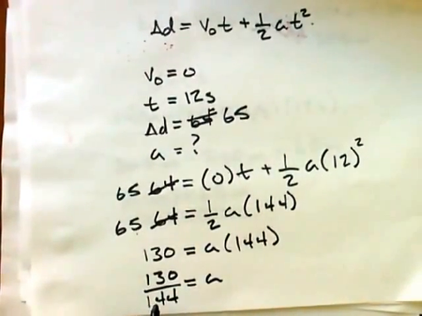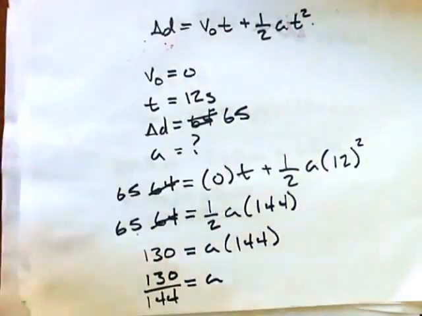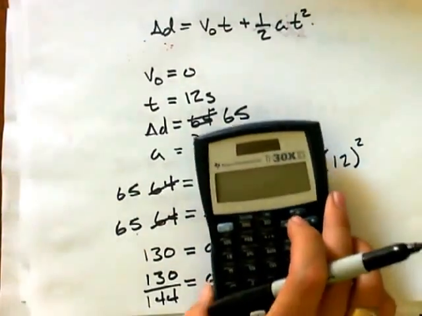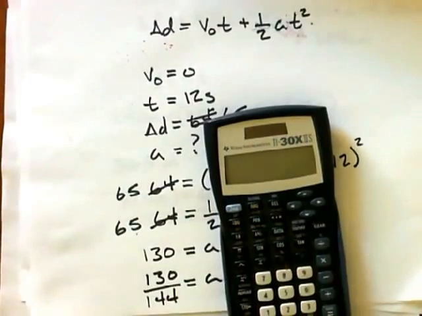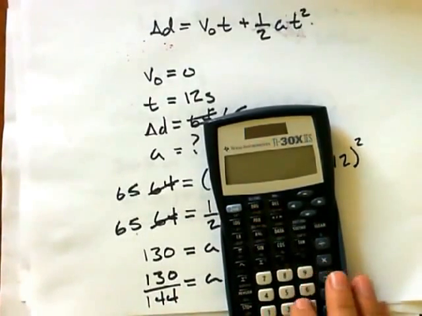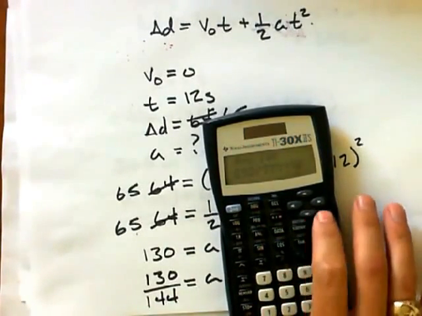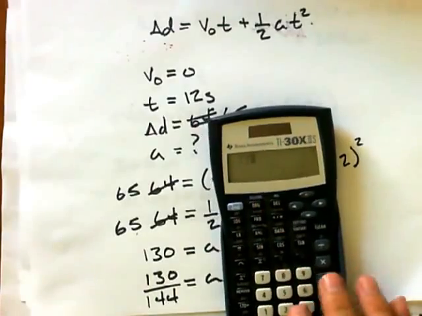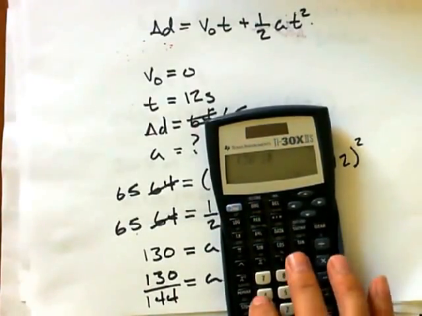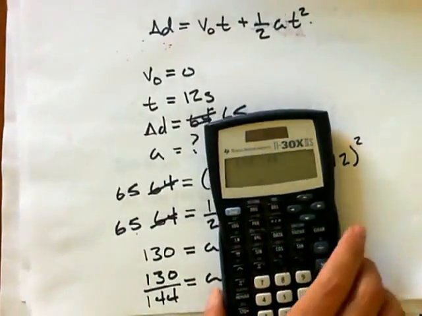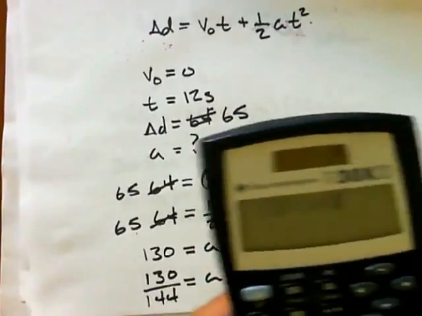Okay, so this is our acceleration, but I'm going to get a decimal for this, and our final answer we're going to want in meters per second squared. So no problem, just plug it into your calculator. Let's go ahead and do that and see what we get. Okay, there we are.